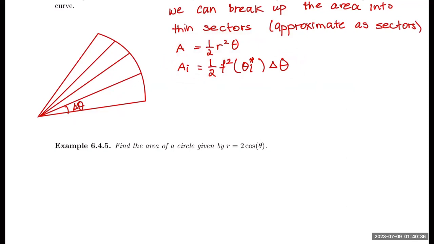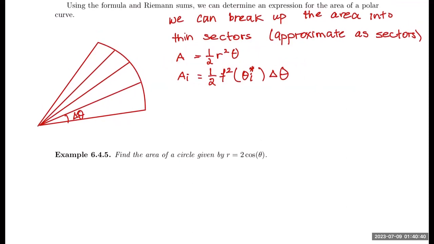So the total area would just be the limit as n approaches infinity of this entire thing. So the sum from i equal to 1 to n of half f squared theta i star delta theta.